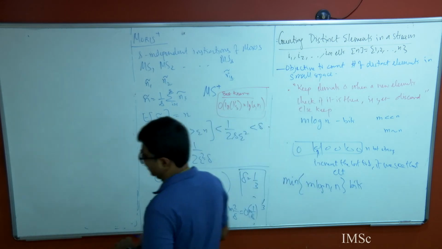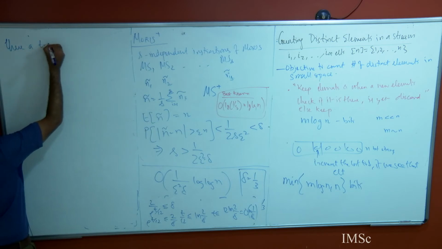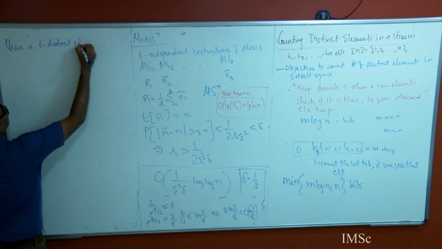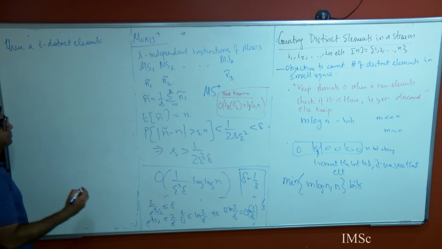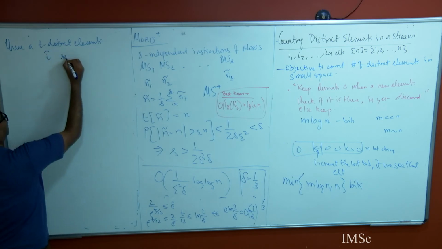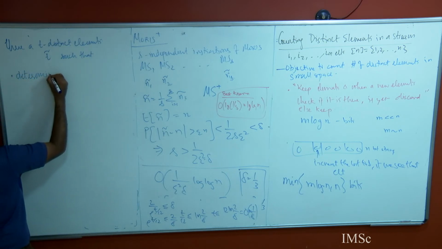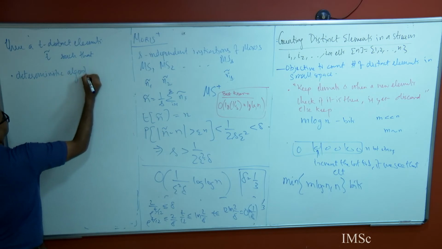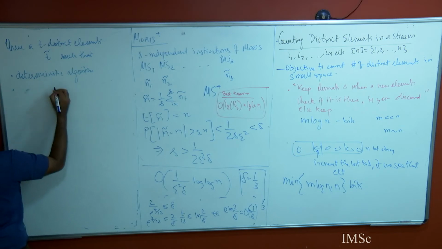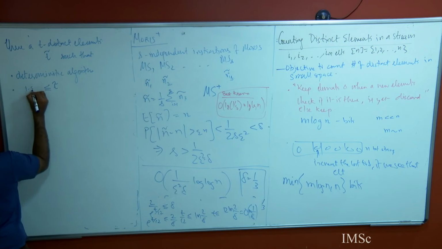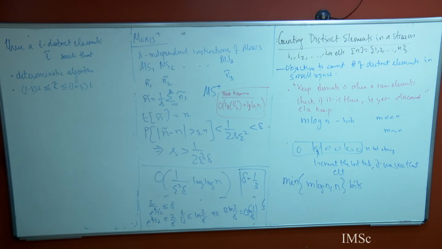Suppose there are t distinct elements, and I ask you to give me a t tilde, by a deterministic algorithm, such that (1 minus epsilon) times t is at most t tilde, which is at most (1 plus epsilon) times t, where t is the actual number of distinct elements.